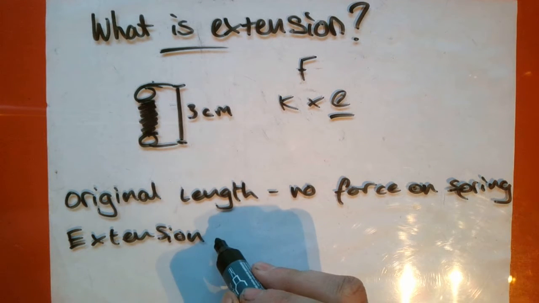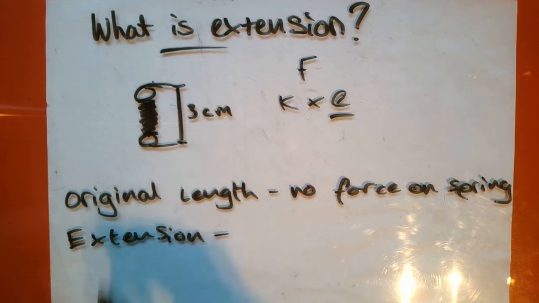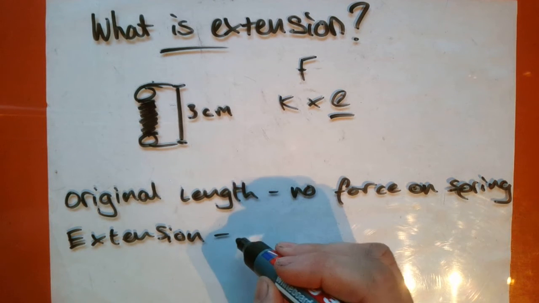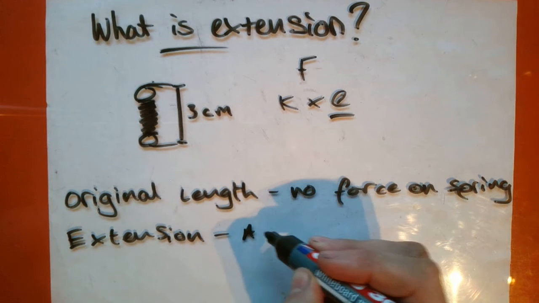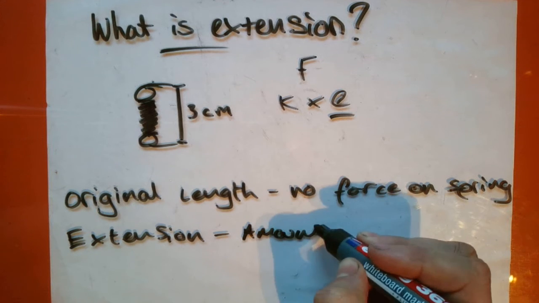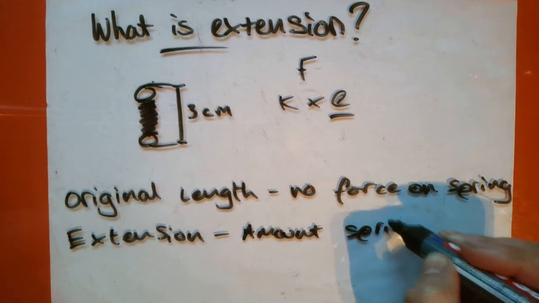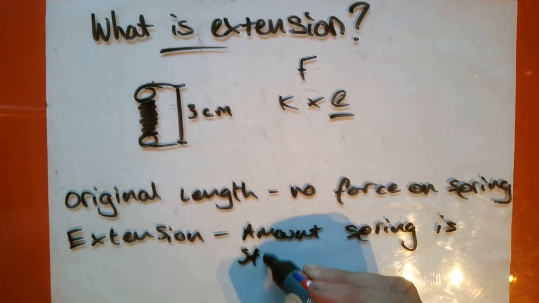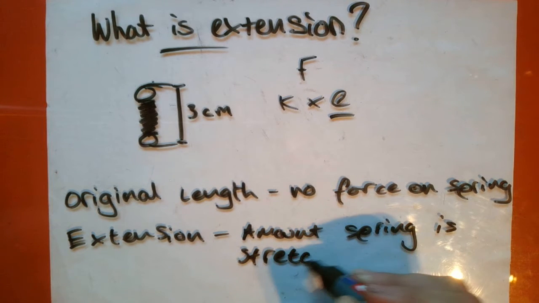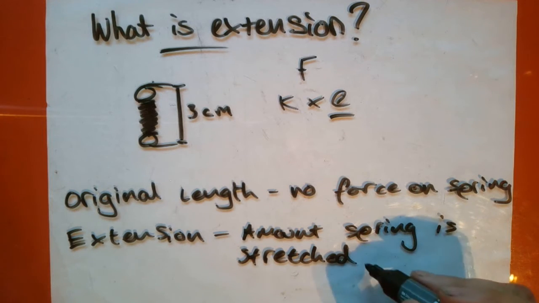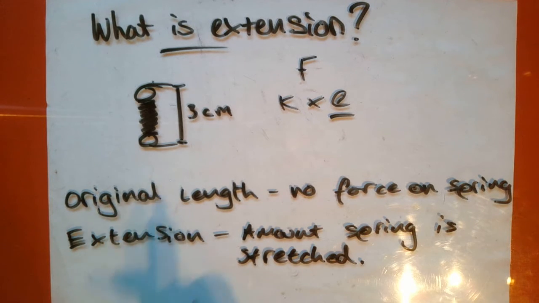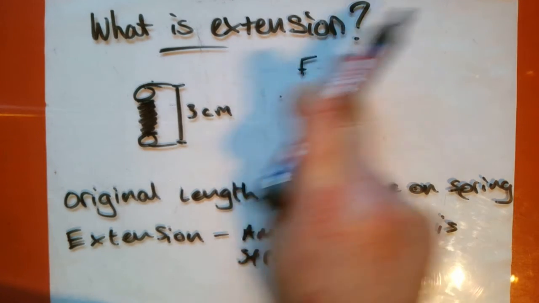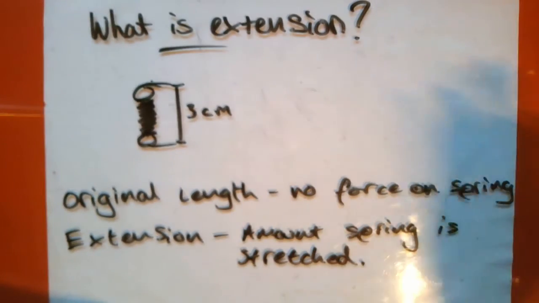Now, the extension is the amount that the spring is stretched. This is actually calculated by measuring how long the spring gets to. So we'll get rid of that equation for now because we'll worry about that later.